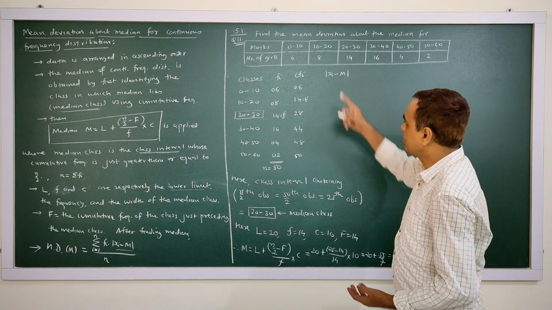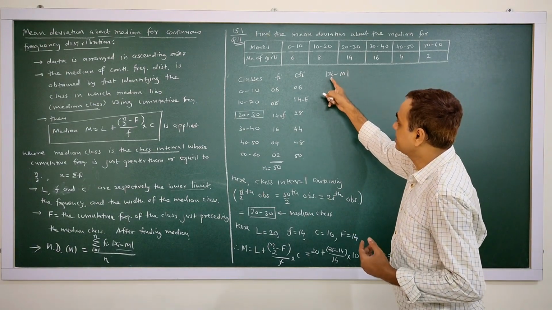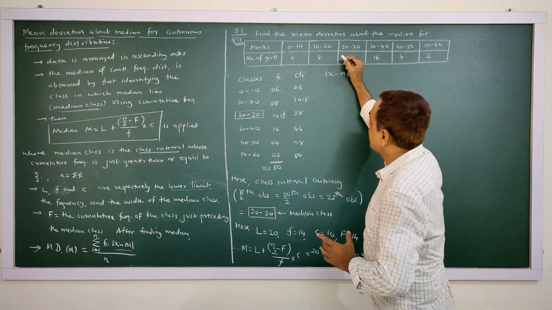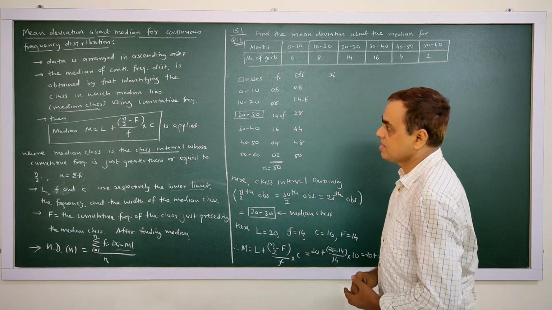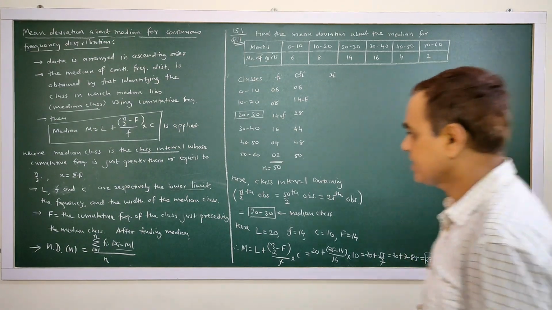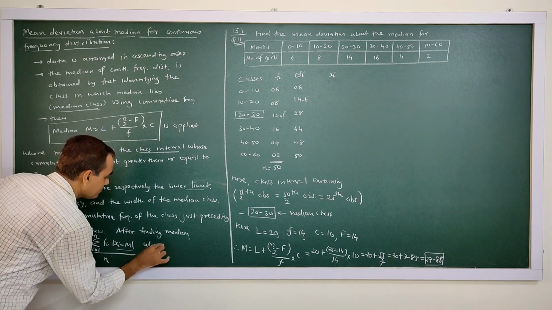So first prepare this column. Before preparing this column, xi are required. So I mention here, xi are the mid values in this whole procedure.